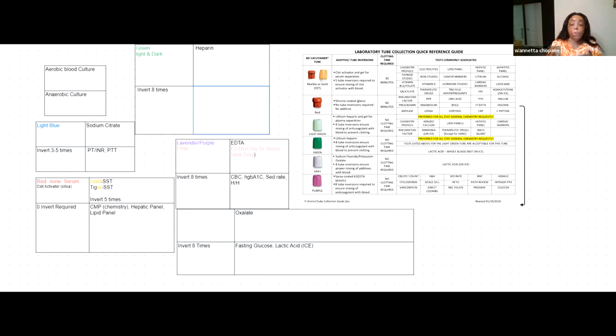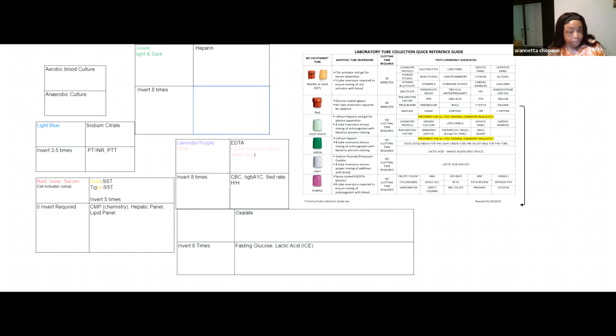Even though any test that is stat can go in a green top tube, the same as the gold, you just know that it's stat labs. But also, if the doctor orders an ammonia level, it will go in a green top tube, and ammonia is one of the ones that we start talking about before we leave tonight with special collections.